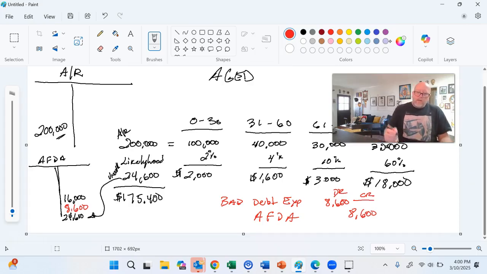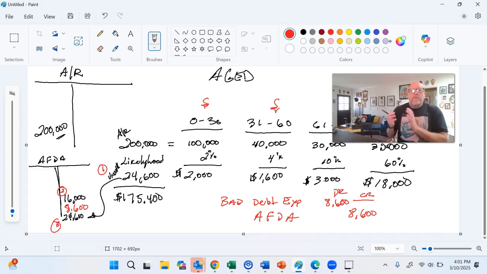And again, we first estimated the total uncollectible amount based on aging the receivables. And then we compared what is currently in my allowance for doubtful accounts relative to what should be in my allowance.